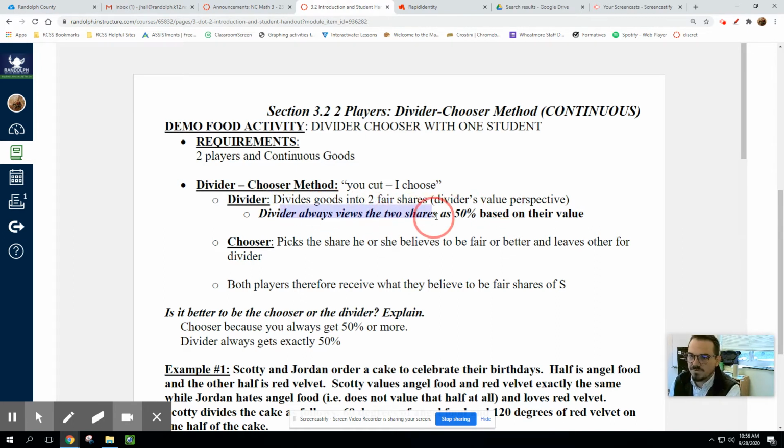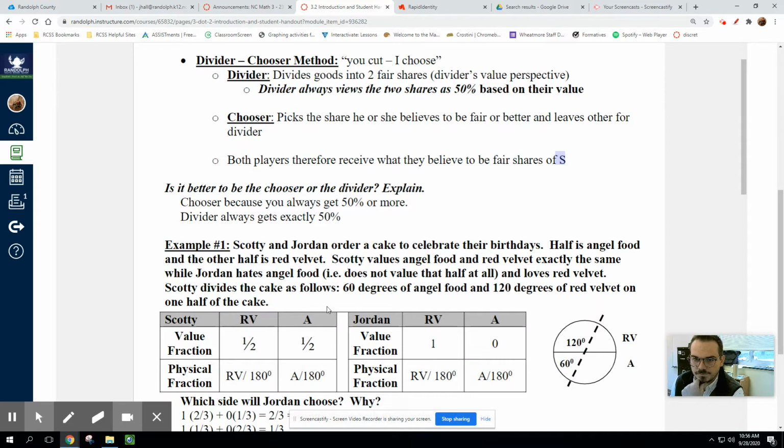The divider will always view the 2 shares that they cut as 50% based on their value. The chooser picks the share he or she believes to be fair or better and leaves the other one for the divider, because they think it's 50% anyway. Both players therefore receive what they believe to be a fair share of the goods.